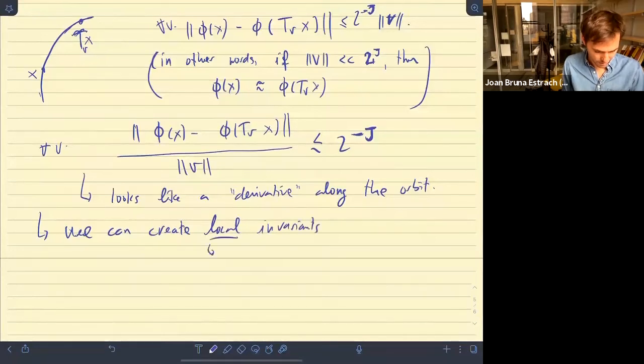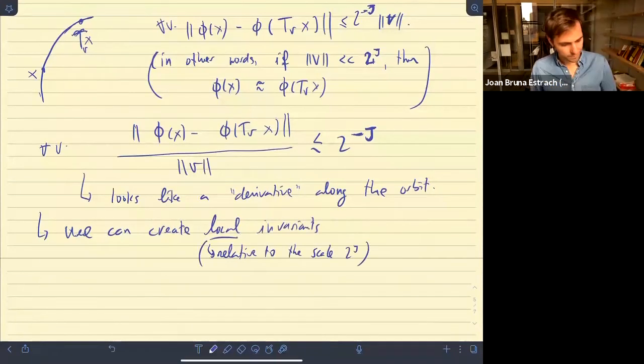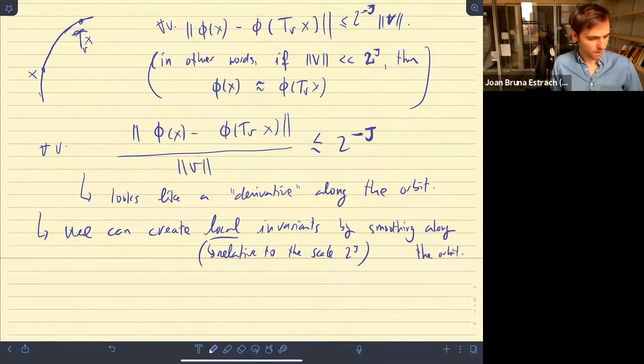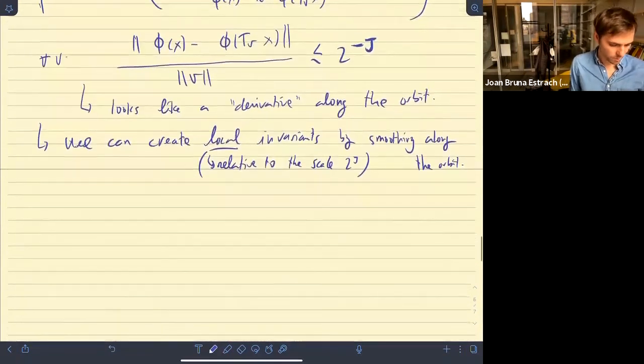Here, when I say local, it's basically because it's relative to the scale, by smoothing along the orbit.